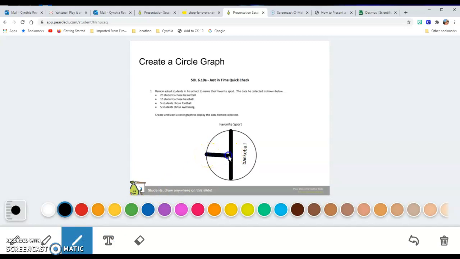So I know how to make a quarter. I'm sorry, that's baseball. And then my last line, I'm going to split between those two.